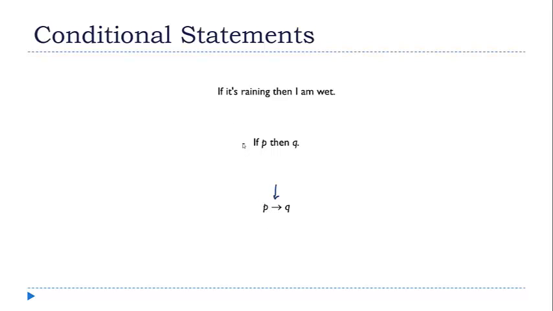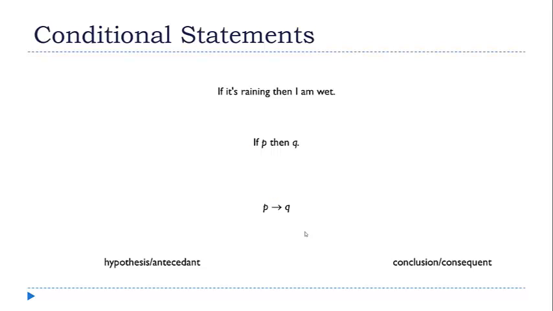You'll hear it read if P, then Q, and you'll sometimes hear people say P implies Q. That's kind of a misstatement. It isn't really what's going on here logically, but it's extremely popular, so you're definitely going to hear that relatively often.